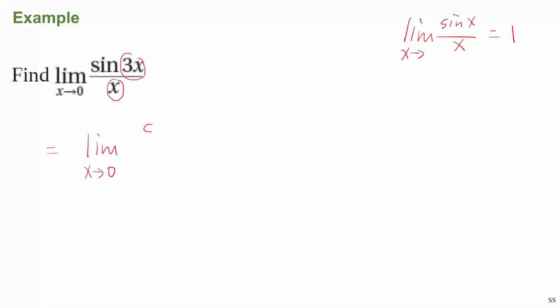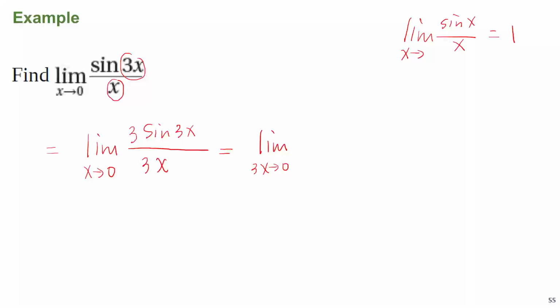So this equals the limit of sine 3x over x. We can multiply both the numerator and denominator by the number 3, right? And therefore, this equals the limit of, well, when x approaches 0, this is equivalent to, say, 3x approaches 0, right?